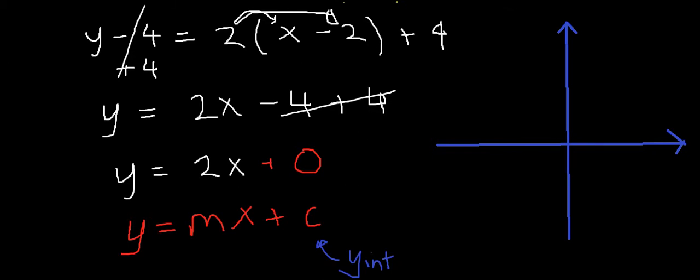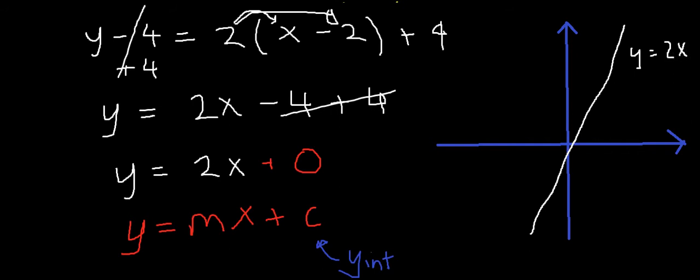So the y-intercept is 0. The x-intercept is also 0. Let's just think about that. The x-intercept occurs when the y-intercept is 0. So if this is 0 here, x has to be 0 too. So this is a special line that goes through the origin like that. That's that line, y equals 2x.